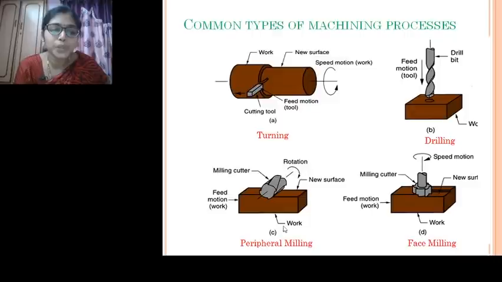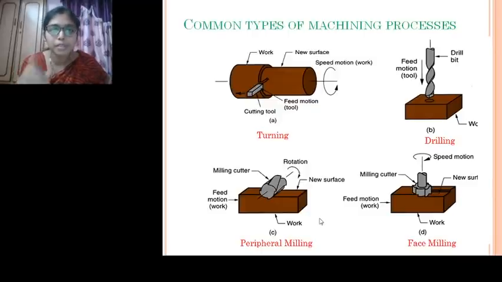The tool used in a milling operation is called a milling cutter. In milling, there are two types of milling operations, that is peripheral milling and face milling. These two are classified based on where the teeth are located. We'll be discussing these two in much detail when we discuss the milling operation.